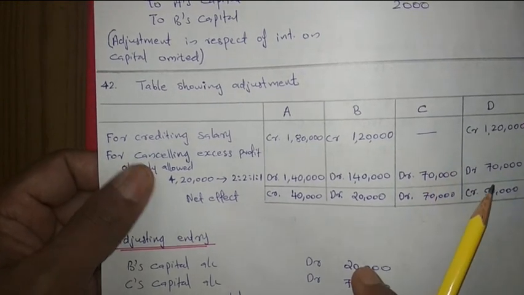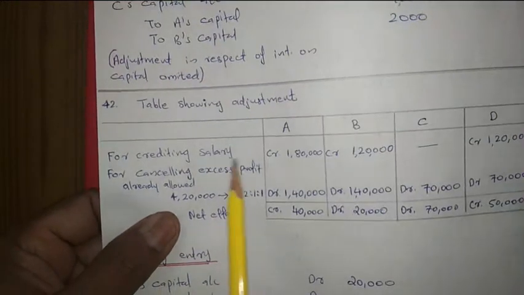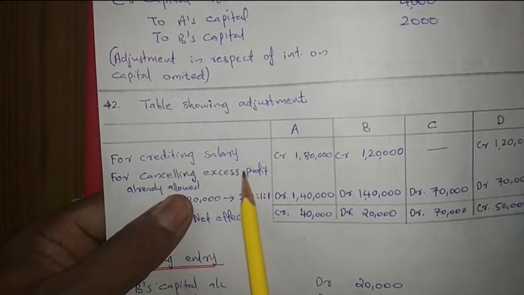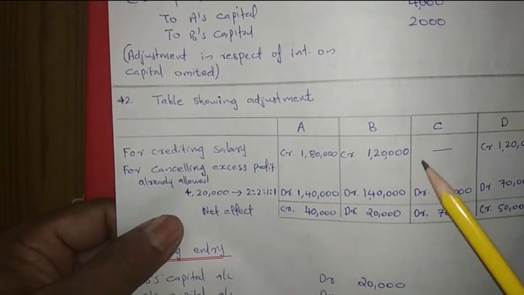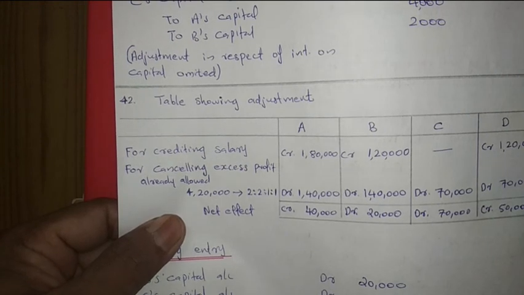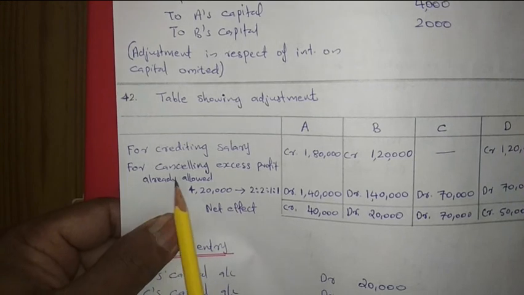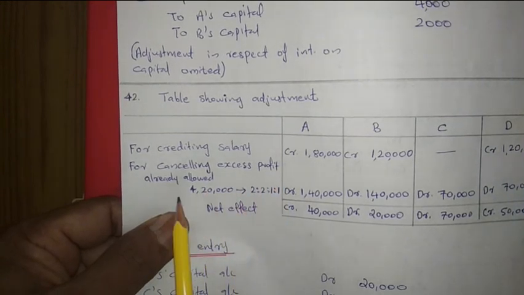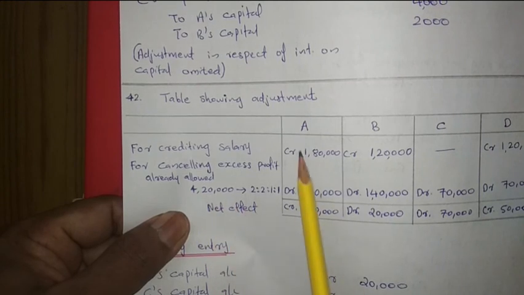Then, like the previous question, whenever they forgot to take the salary in the appropriation account, they already got some excess profit. More profit they have received, and this we have to cancel. So the statement you see is for cancelling excess profit already distributed, that will be the total of this salary.